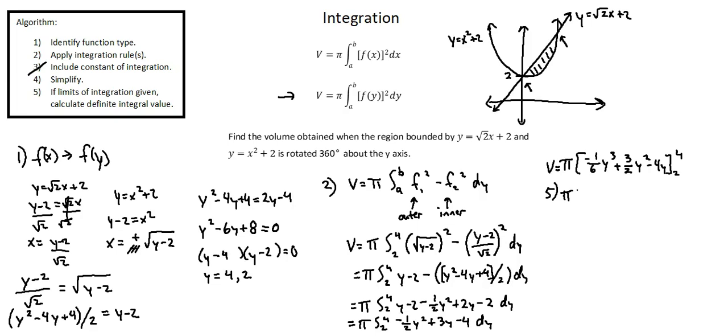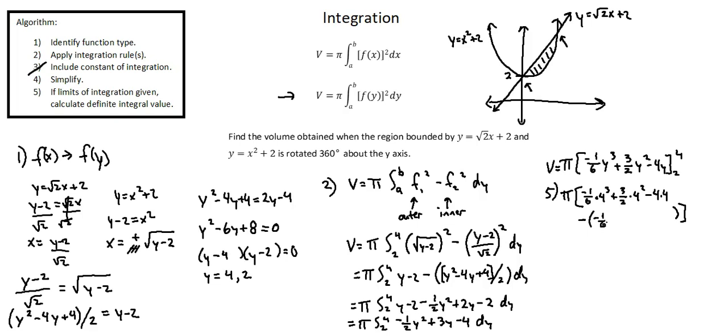Pi times, and inputting the 4 into all y places, negative 1 over 6 times 4 cubed, plus 3 over 2 times 4 squared, minus 4 times 4, minus, and in brackets to ensure that I distribute the minus sign, we'll use an input of 2 into all y places.